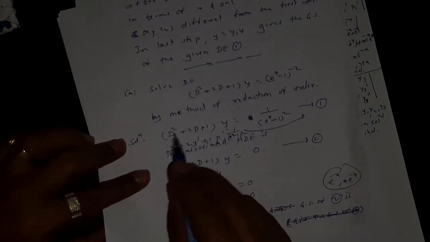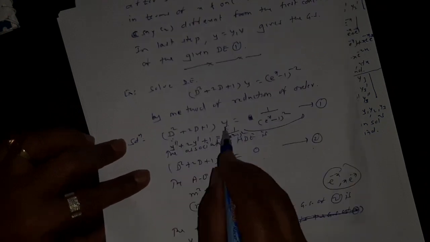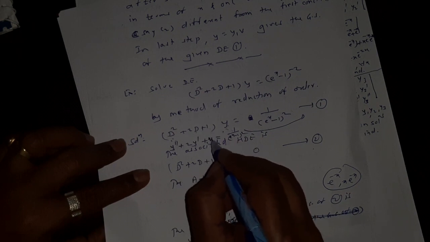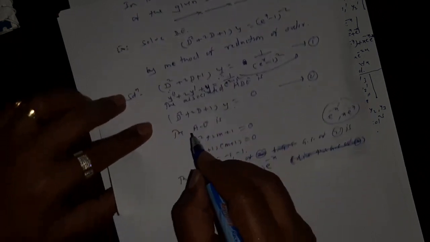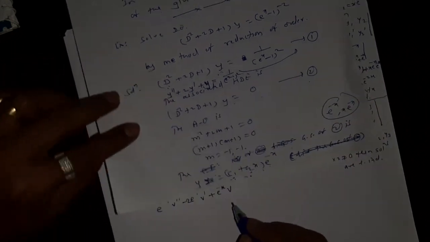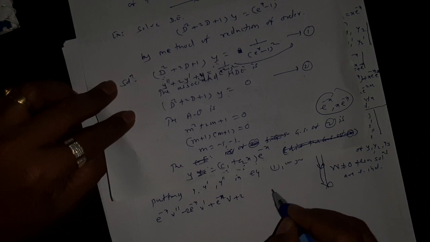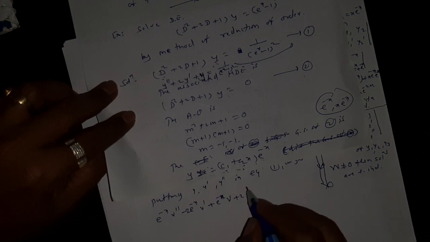d square y means y double dash, plus 2 dy means y dash, and plus 1 into y means y. So y double dash plus 2 times y dash.